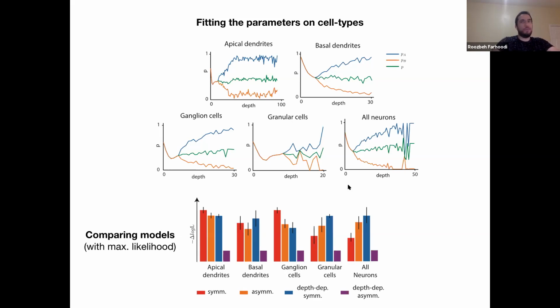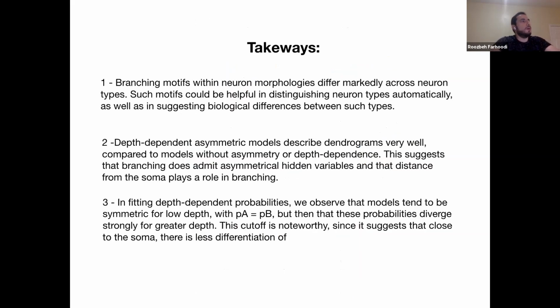Great, so this is the end slide. I'm going to give you the takeaways. We have three different takeaways here. One is that we can use motifs to compare different cell types, and this is a way to distinguish different cell types or possibly find new cell types.